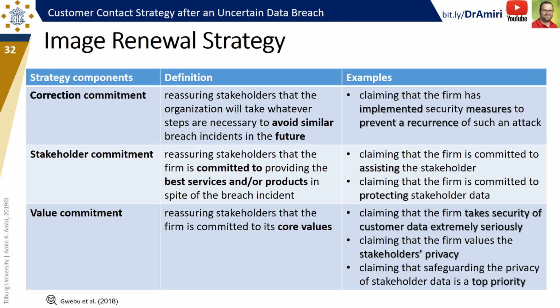You claim that you are going to implement new security measures to prevent the recurrence of such attacks. You can also reassure the stakeholders that you are committed to providing the best services and products. Claim that you are there to help them and protect their data.